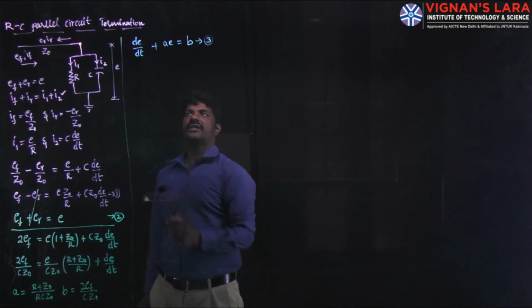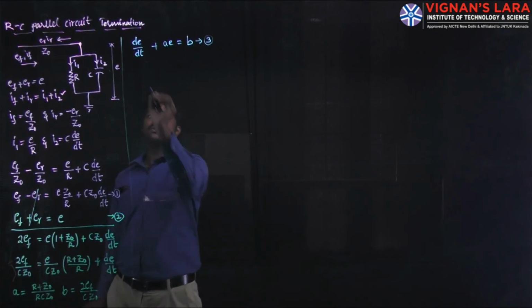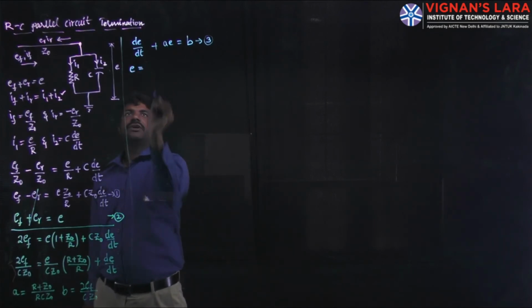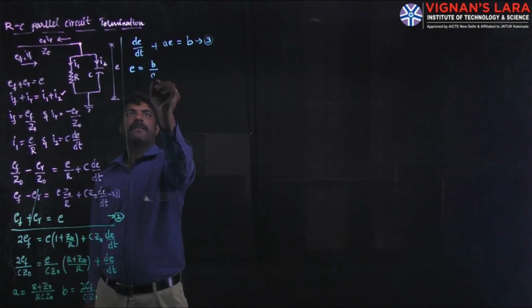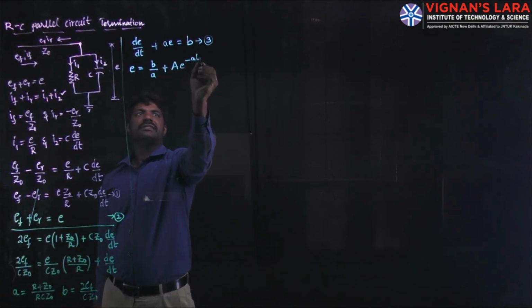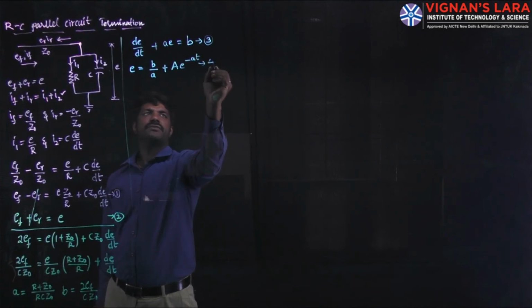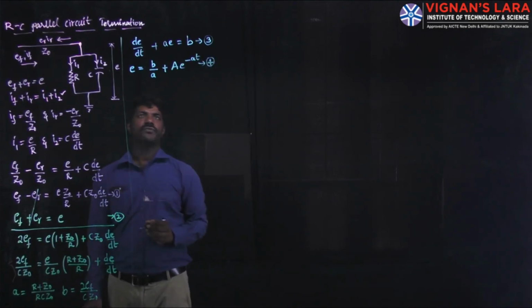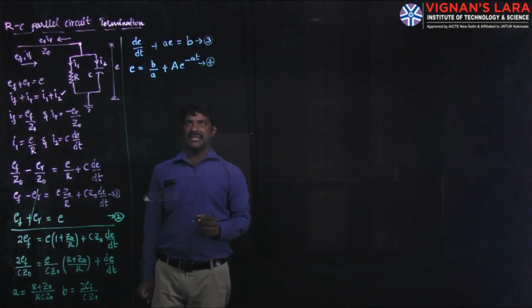The solution for this first order differential voltage equation is E is equal to B by A plus A into e to the power minus AT. Let it be equation 4. Equation 4 is the solution for equation 3.